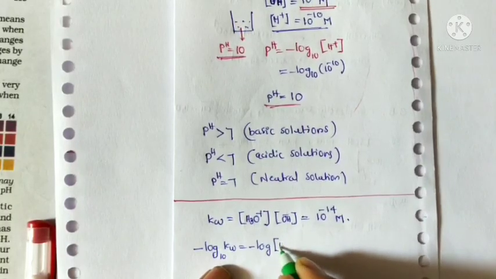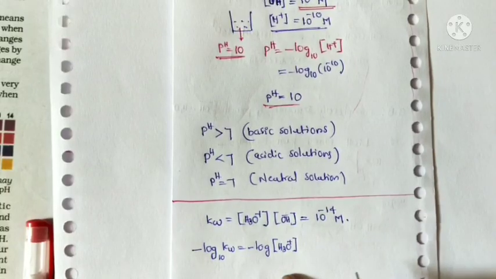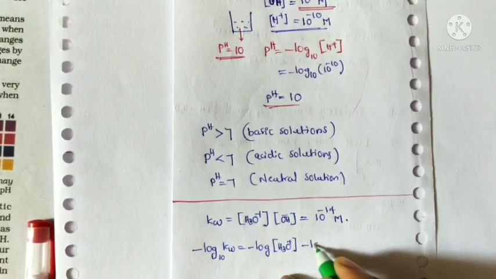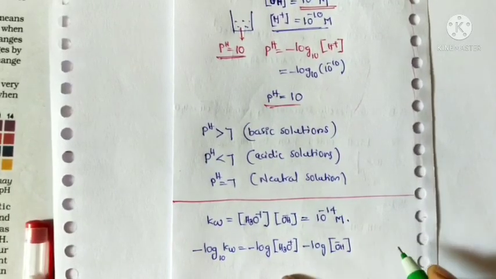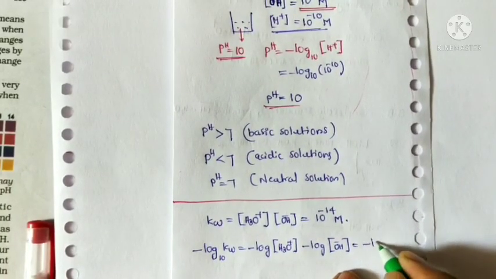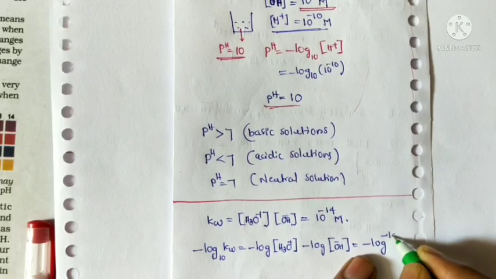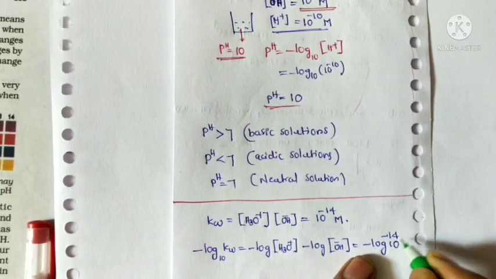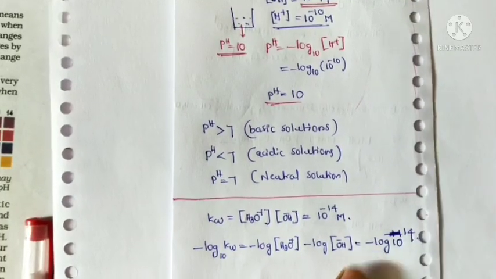The negative logarithm of hydronium ion concentration, nothing but hydrogen ion concentration, minus the logarithm of OH minus ion concentration equals the negative log of 10 to the power of minus 14.